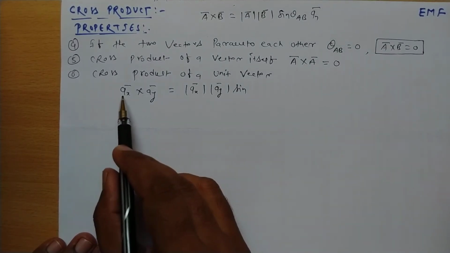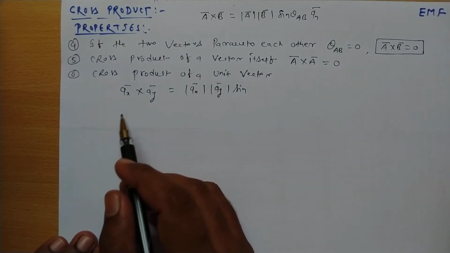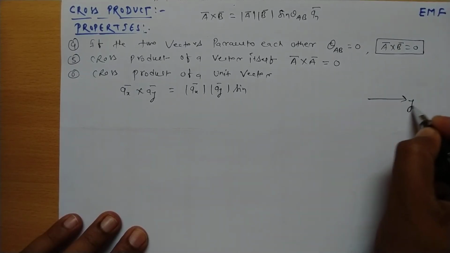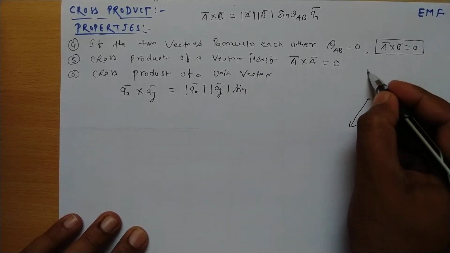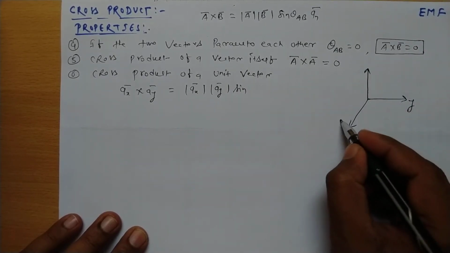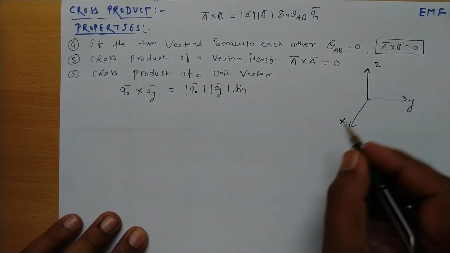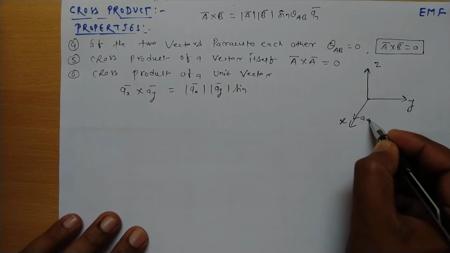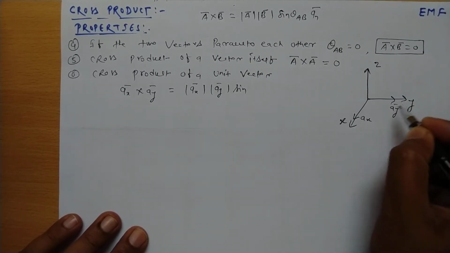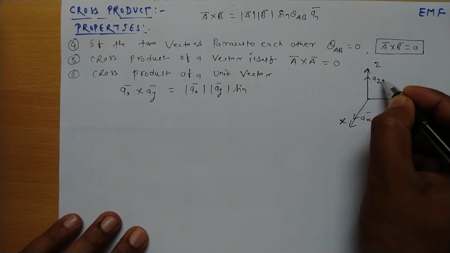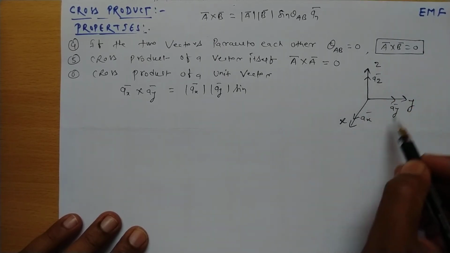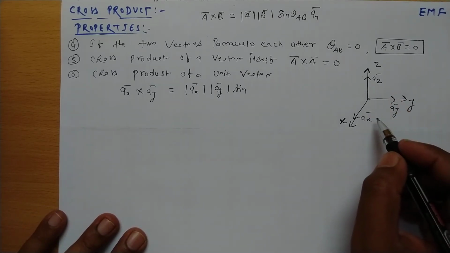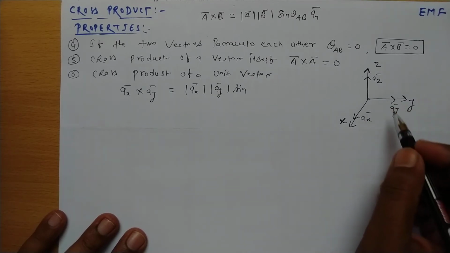As we know, AX and AY are always mutually perpendicular to each other, right? If I draw the Cartesian coordinate system, this is the x-axis, this is the y-axis, this is the z-axis. AX is in the x direction, AY is in the y direction, and the unit vector AZ is in the z direction. These three unit vectors are mutually perpendicular, so the angle between them is 90 degrees.